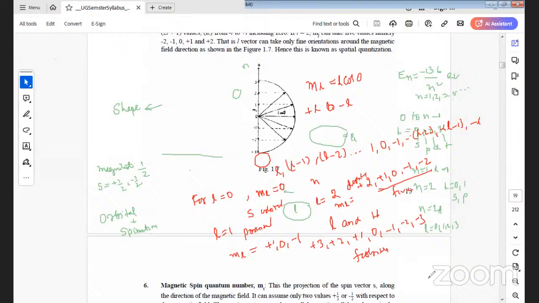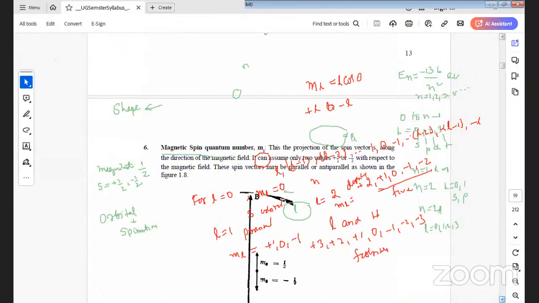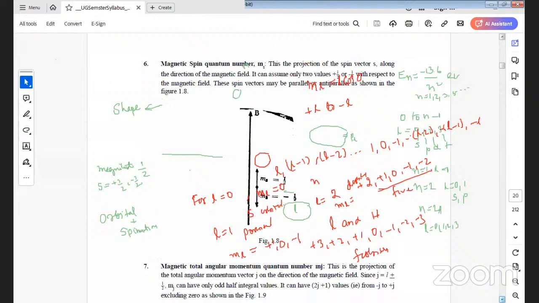Next one we have is the magnetic spin quantum number MS. So in the case of the magnetic spin quantum number MS, just as the vector representing orbital angular momentum precesses in the presence of a magnetic field, so does the vector representing the spin angular momentum.